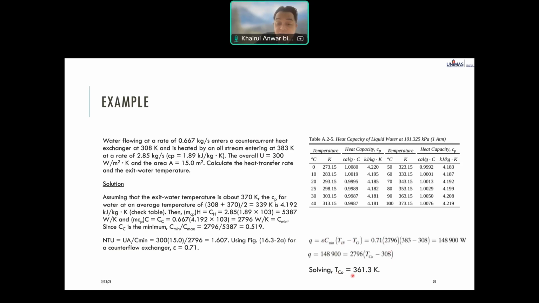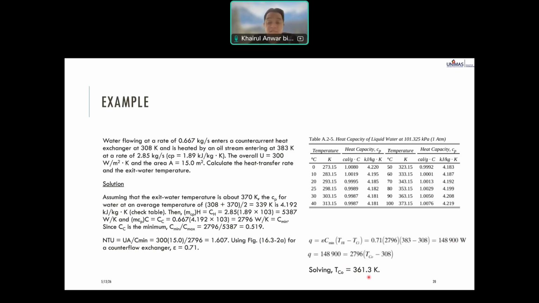So TCO is equal to 361.3 Kelvin. This is the equation, this is the heat transfer rate, and this is the exit water temperature.